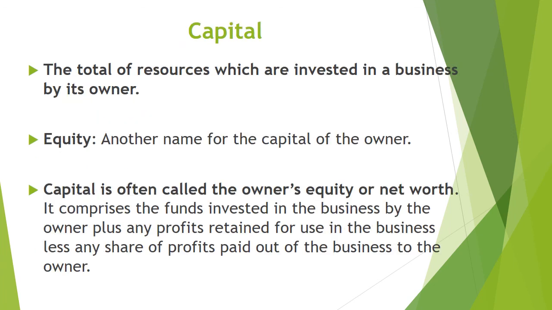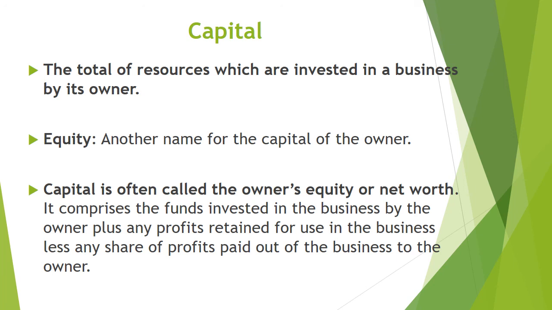And what is capital? The total of resources which are invested in a business by its owner is called capital. Equity is another name for the capital of the owner. Capital is often called the owner's equity or net worth. It comprises the funds invested in the business by the owner plus any profit retained for use in the business, less any share of profits paid out of the business to the owners.